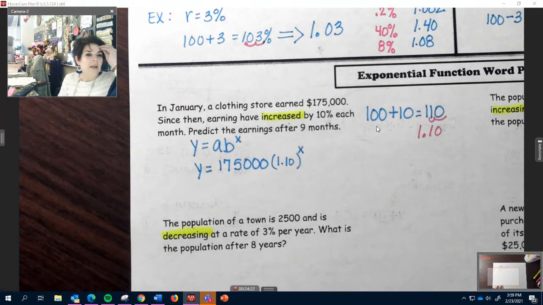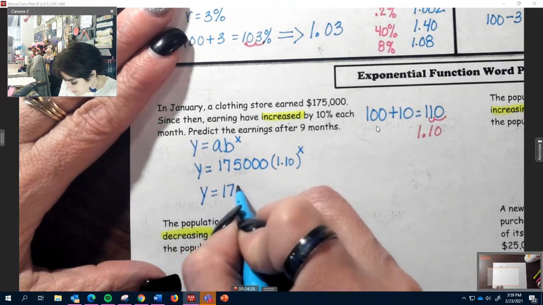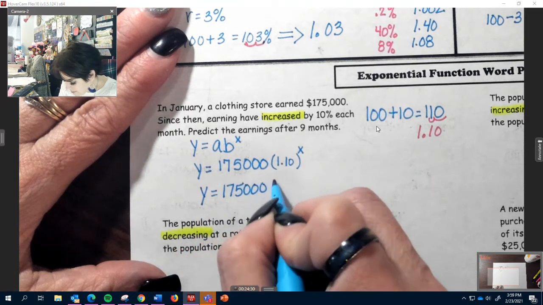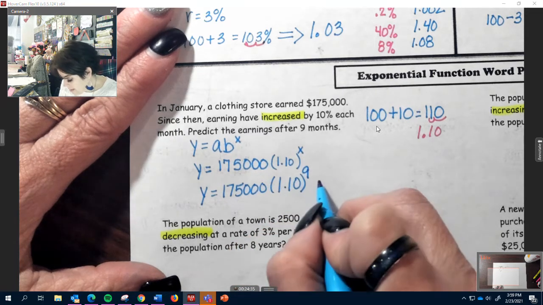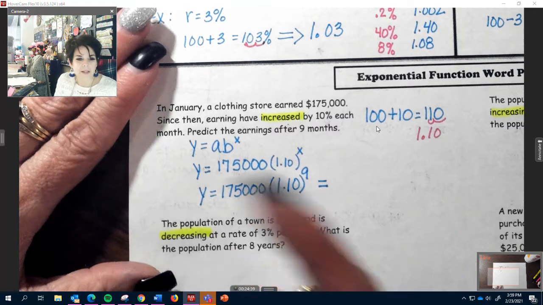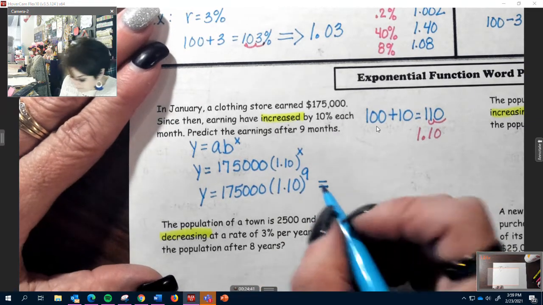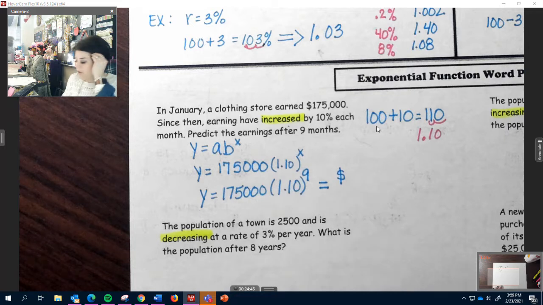Okay, they want me to predict the earnings after 9 months. So I'm going to evaluate y equals $175,000 times 1.10 to the 9th power, the 9th month. I've already done these in my calculator. If you have a calculator, you can do it as well. It is money, so I want to make sure I put a dollar sign.